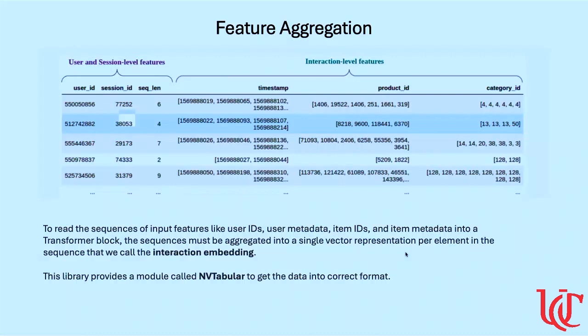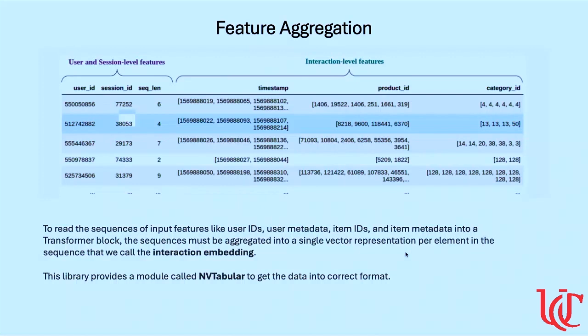So in the first row, if it is 6, there have been 6 products interacted with. How is this different from product ID? No, the product ID is the actual products which were interacted with. The 6 is the number of products which were interacted with. So this is the particular format in which you will have to create your data and then feed it to the transformer block.